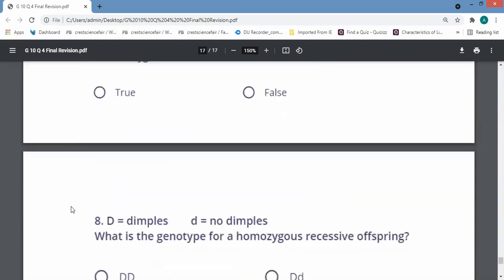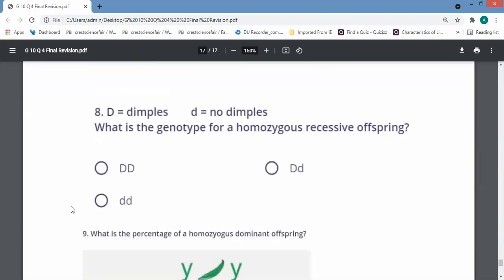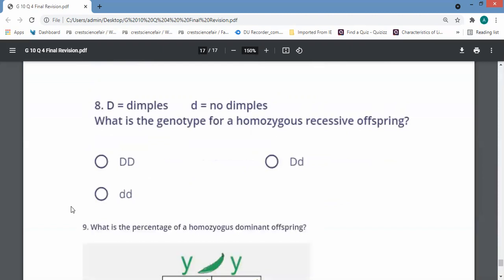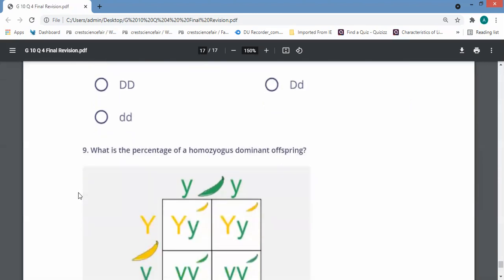False. Number 8, D capital for dimples, D small for no dimples. What is the genotype for a homozygous recessive offspring? The last one, D small, D small.